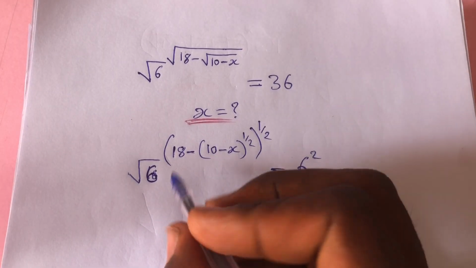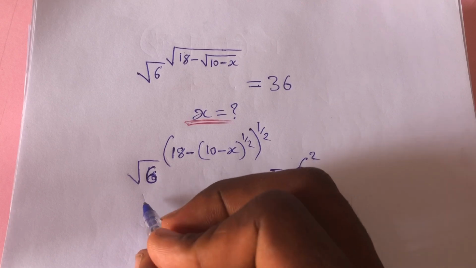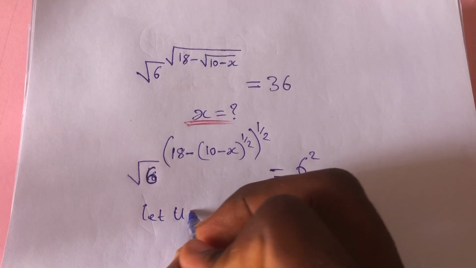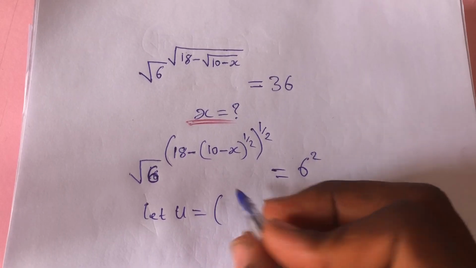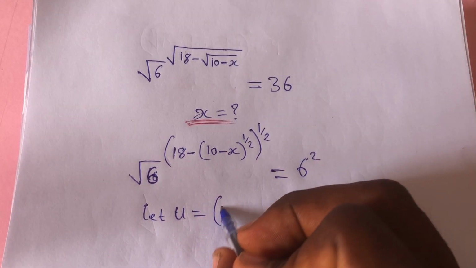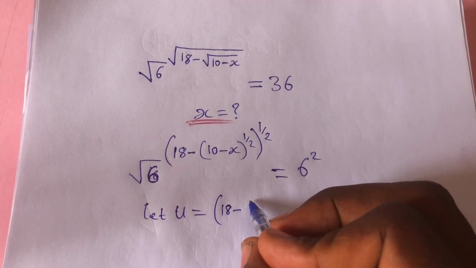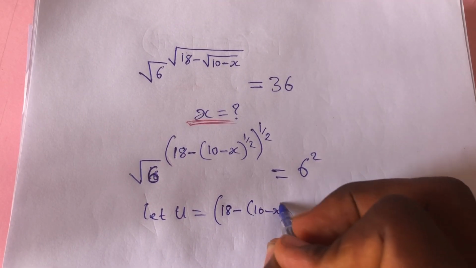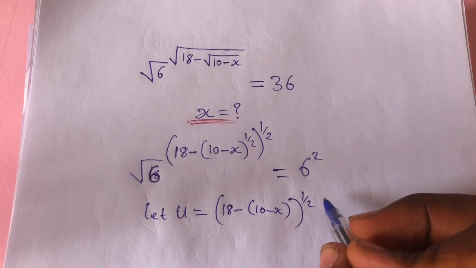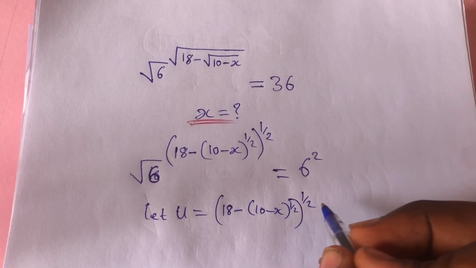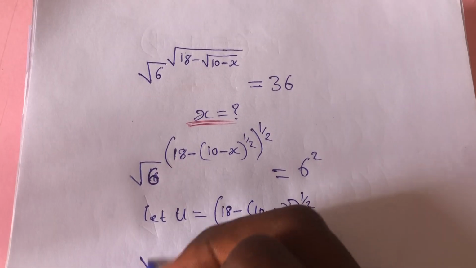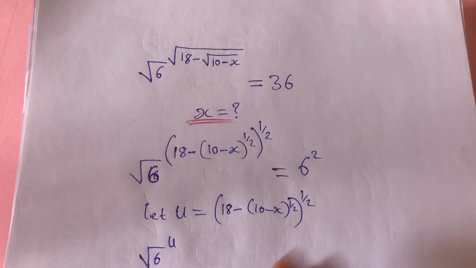Let's just say that, okay, for this exponent here, let u be equal to 18 minus 10 minus x, everything raised to the power 1 over 2, everything raised to the power 1 over 2. So let u be this: 6 raised to the power u.